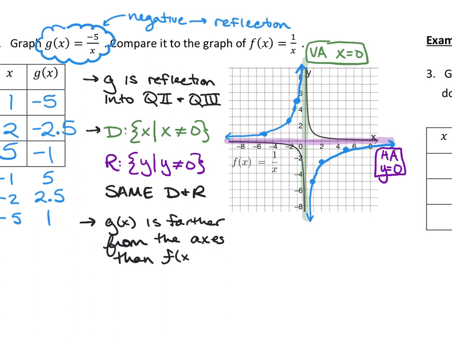Now, the reason I know this is because actually this number negative 5 created what was called a vertical stretch in my graph. And if you remember anything about vertical stretches versus vertical shrinks, stretches are going to stretch away from things and vertical shrinks are going to shrink towards things. And if you're like, I truly don't know, graph it. See if it's further or see if it's closer.